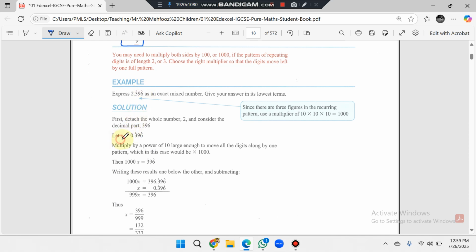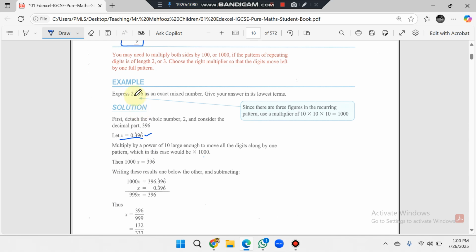So first of all, let x equal this given number, then multiply by a power of 10 large enough to move all the digits along by one pattern, which in this case would be 1000. Here three digits are recurring, so we multiply both sides by 1000.